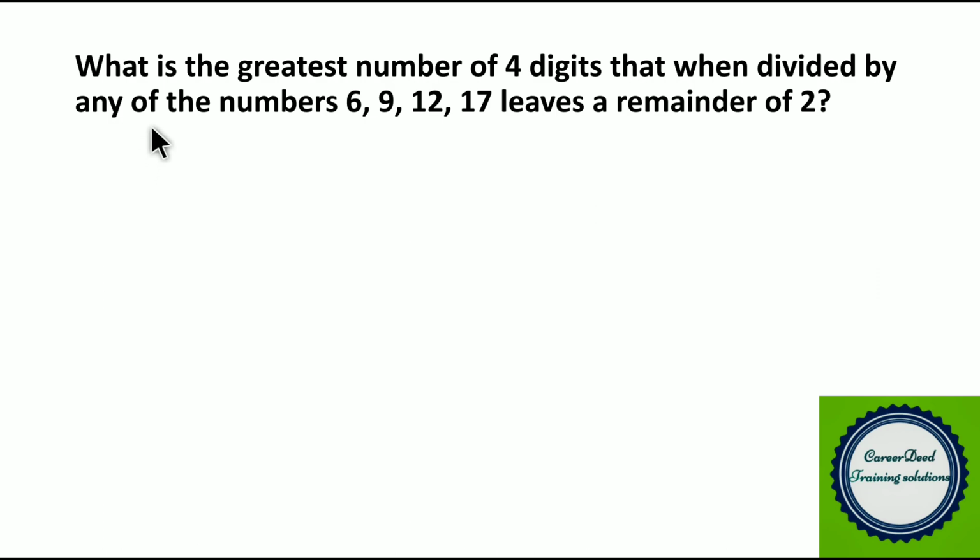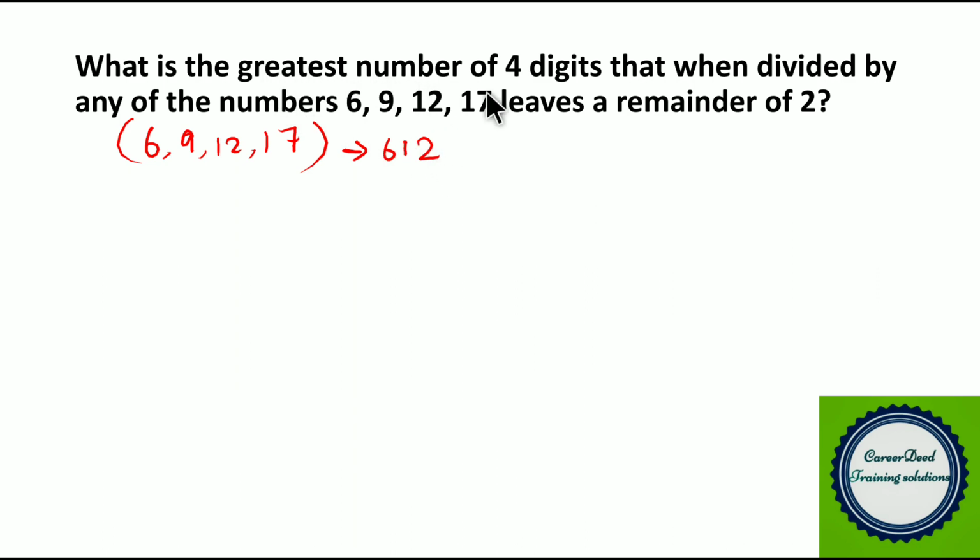So find the LCM of 6, 9, 12, 17. We know the shortcut to find LCM, right? I have already included the LCM video in the description. Just have a look at it. So here the LCM of 6, 9, 12 and 17 is 612.